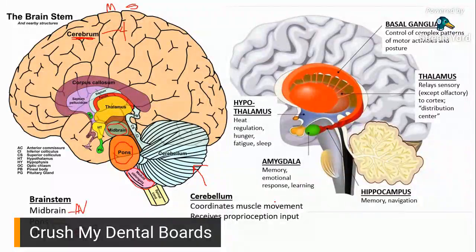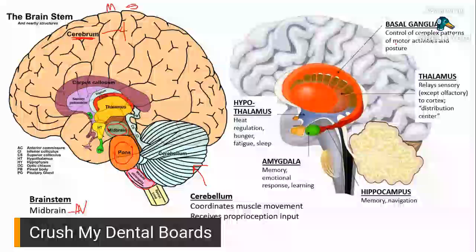Okay. Now, other portions of the brain. Let's take a look at this one. So one, we have your basal ganglia. The basal ganglia controls complex patterns of motor activities and posture. Okay, basal ganglia, motor activities, posture.